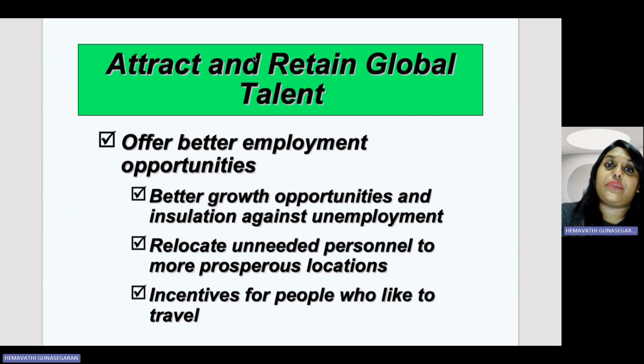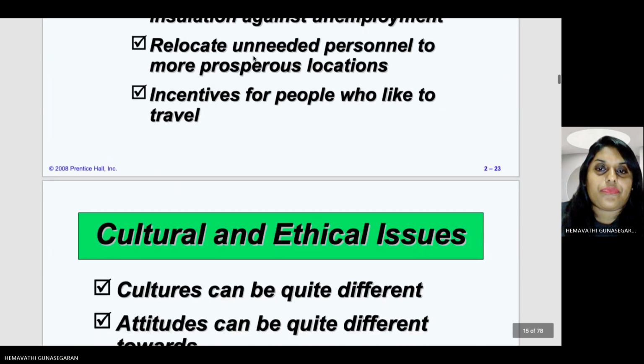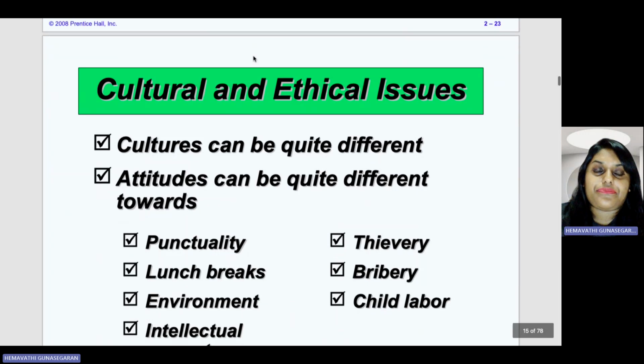So we need to ensure that we are going to attract and retain global talent, offer better employment opportunities, better growth opportunities, and insulation against unemployment, relocate unneeded personnel to more prosperous locations, and incentives for people who like to travel. Okay.